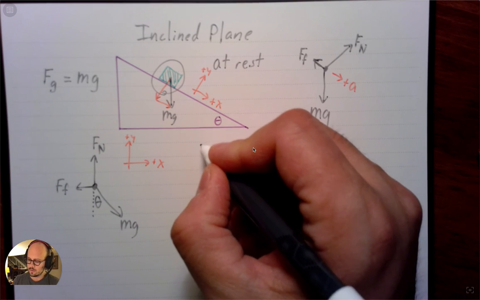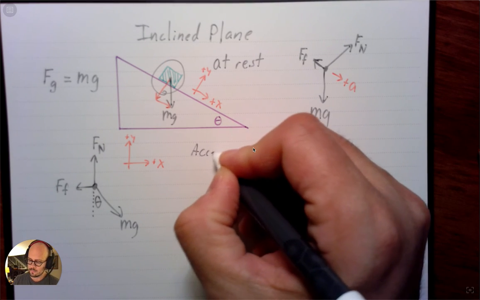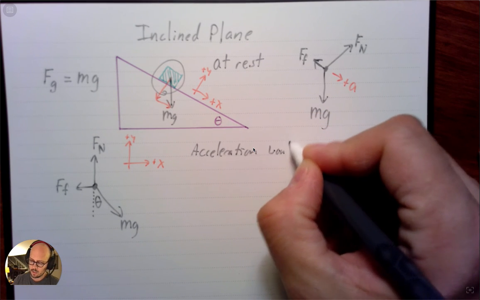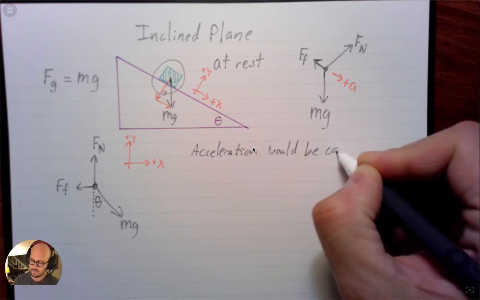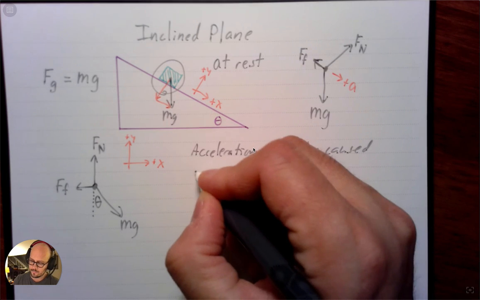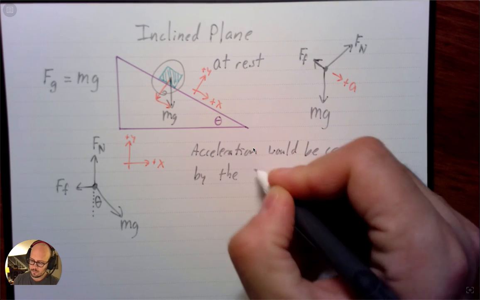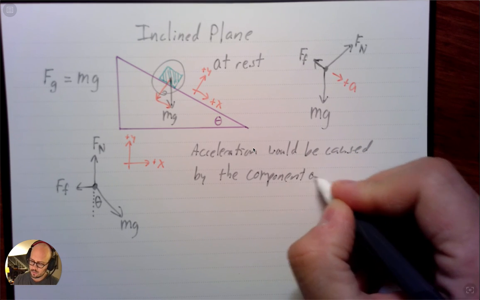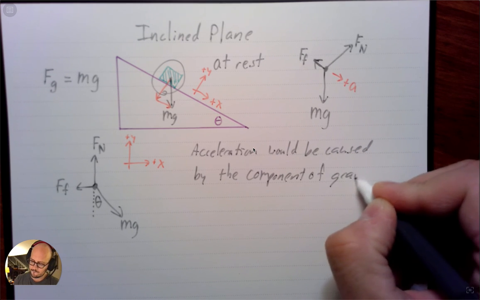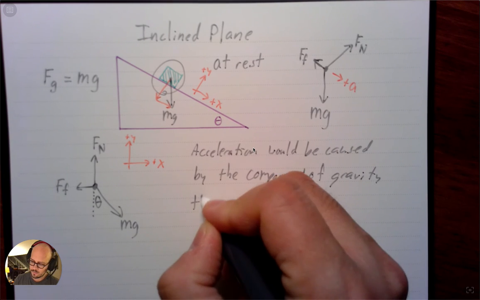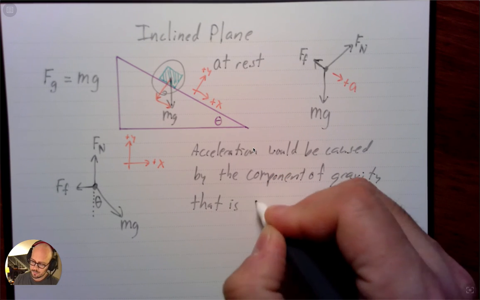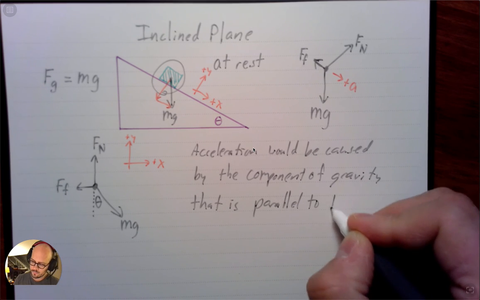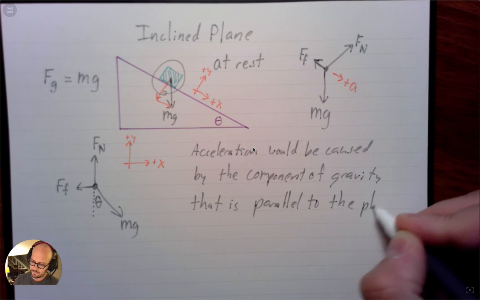And so the acceleration would be caused by the component of gravity that is parallel to the plane.